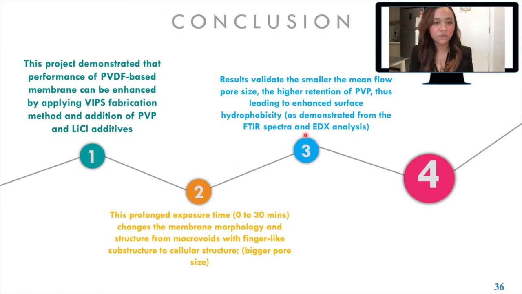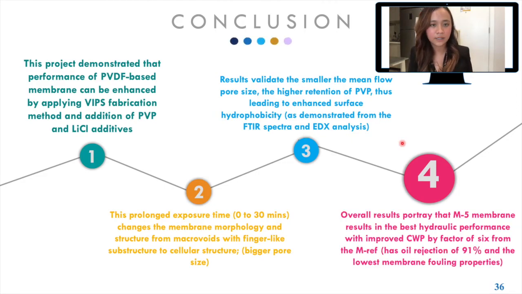The results also validate that the smaller the mean flow pore size, the higher the retention of PVP, thus leading to enhanced surface hydrophilicity, which is demonstrated from the FTIR spectra and EDX analysis.